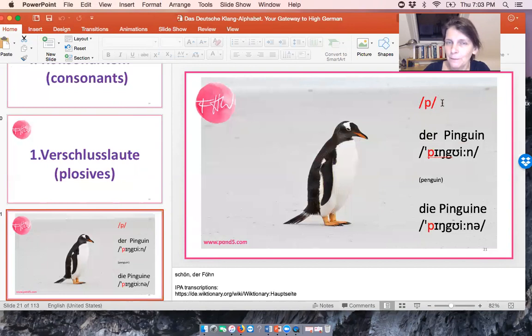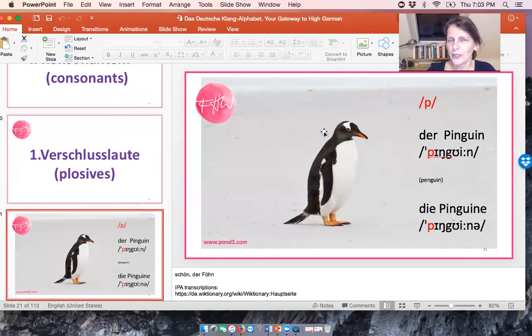English has the same. In my sound alphabet, this cute penguin represents this voiceless bilabial plosive, the p, p, p. You have it in names like Paul and Peter. So, der Pinguin.